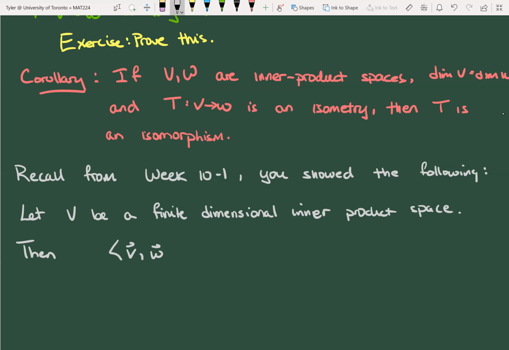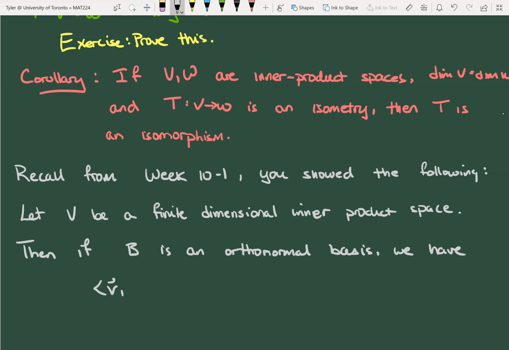Then you should have shown that if B is an orthonormal basis, do you remember this statement, right?